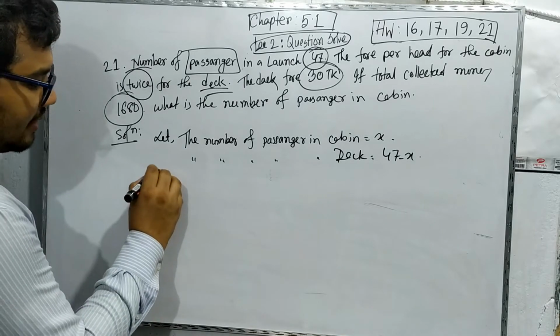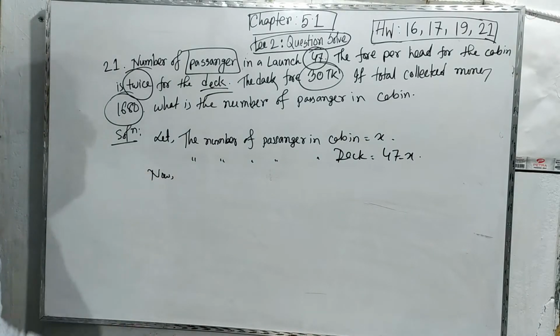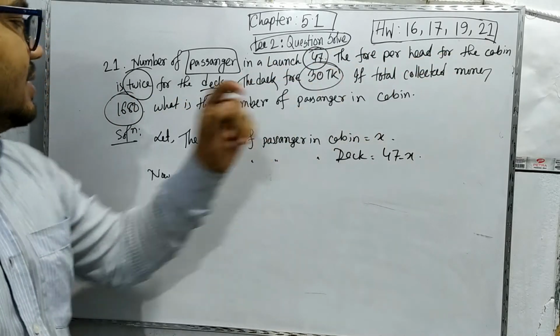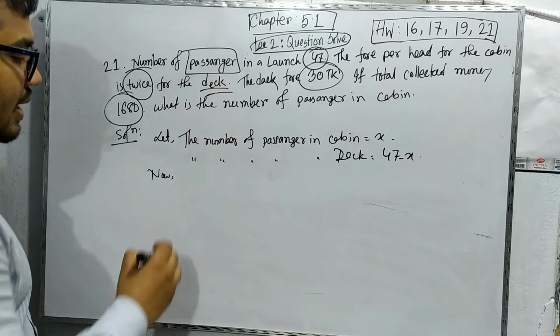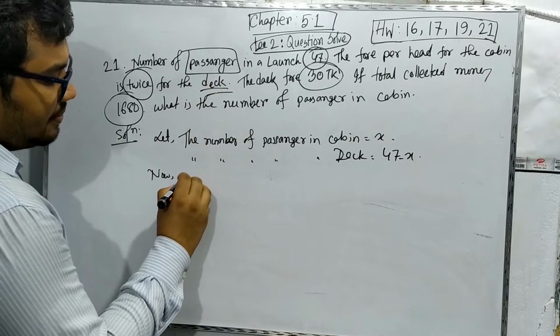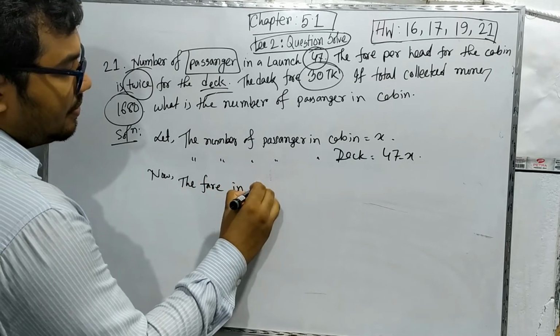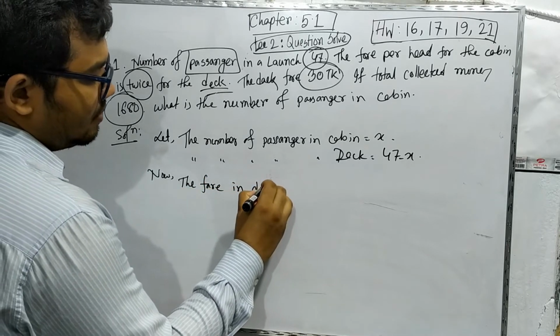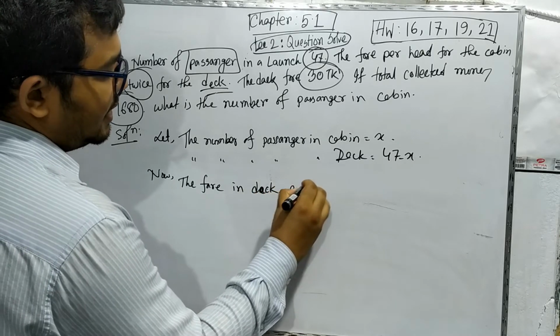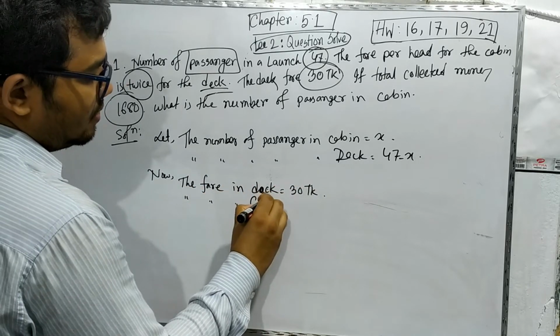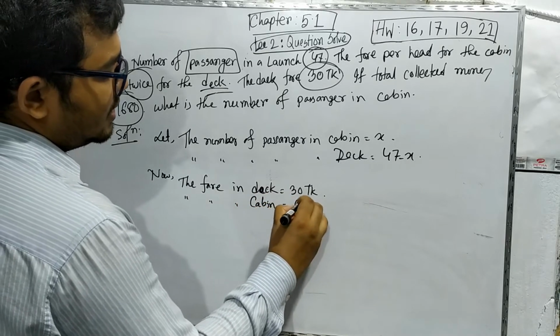Now the fare. Here the fare for the deck is 30 taka, and here is the condition of deck and cabin, that the cabin rate is twice the deck, so the fare in deck is 30 taka, the fare in cabin is 60 taka.